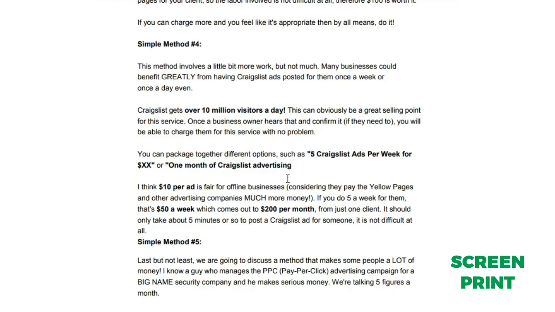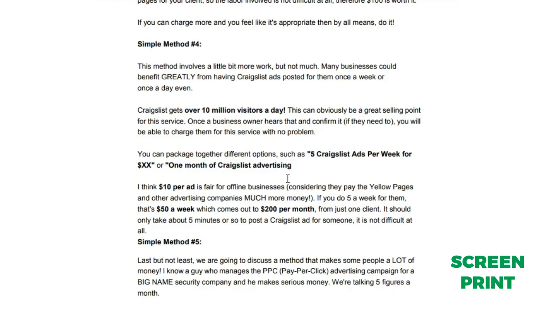Once a business owner hears that and confirms it, you will be able to charge them for this service with no problem. You can package together different options such as 5 Craigslist ads per week for $XX or 1 month of Craigslist advertising.